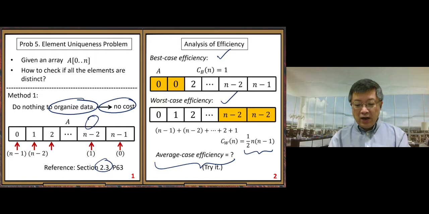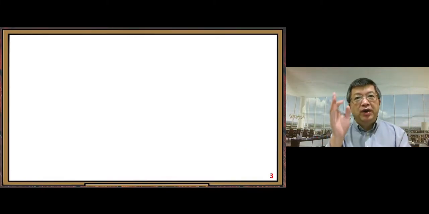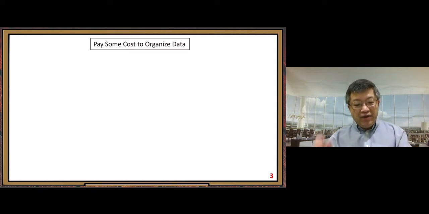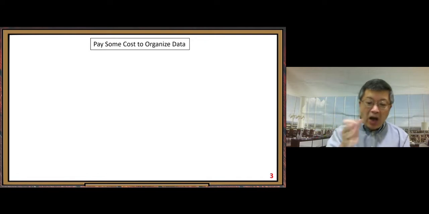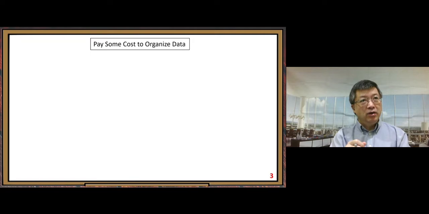All right. So next, we want to look at method number 2. For method number 2, we pay some cost to organize data. When you organize data, you need to pay. We're willing to pay and see if we can do better.